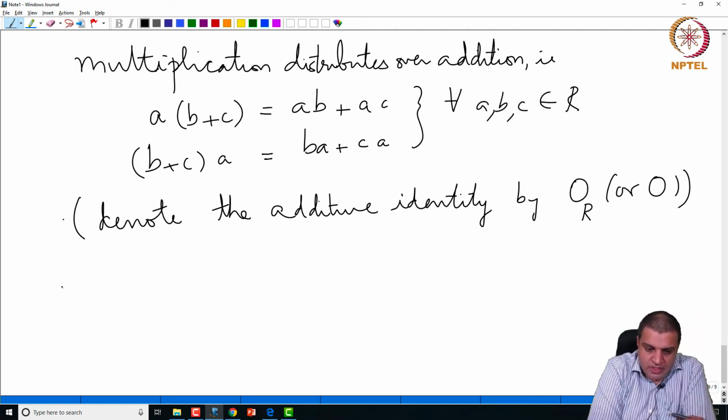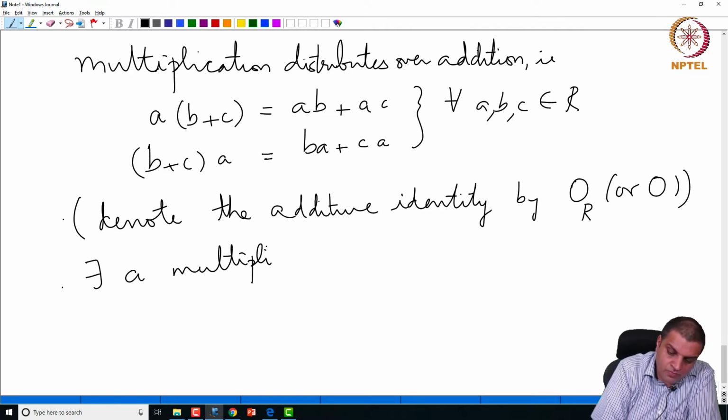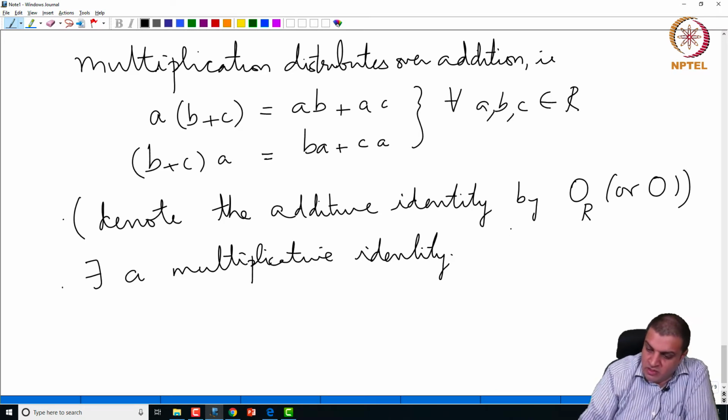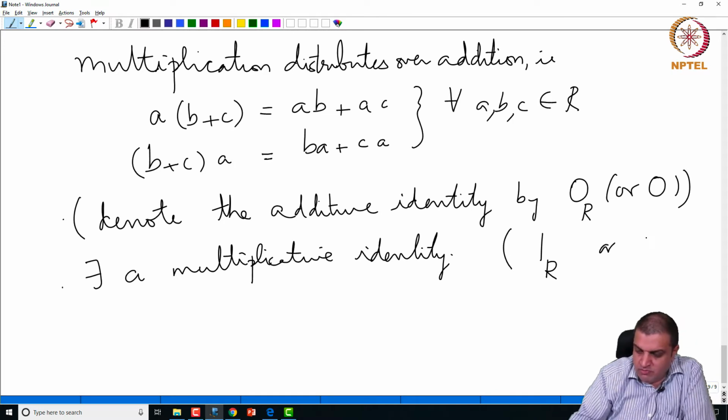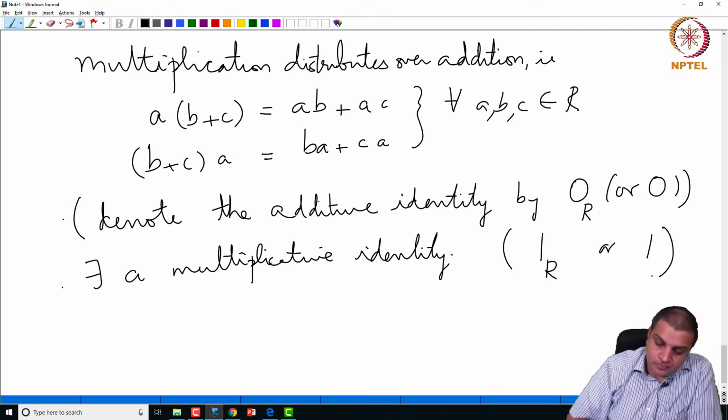Multiplication distributes over addition, and there exists a multiplicative identity which we denote by 1 sub R, or just 1, if there is no confusion as to which ring we are talking about.